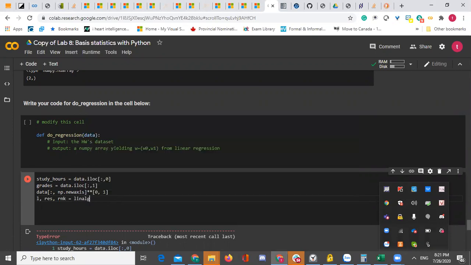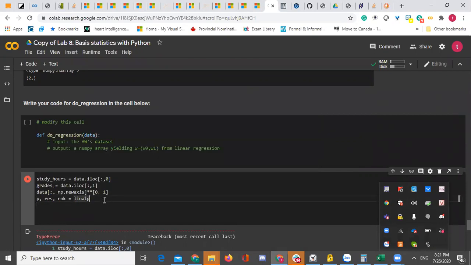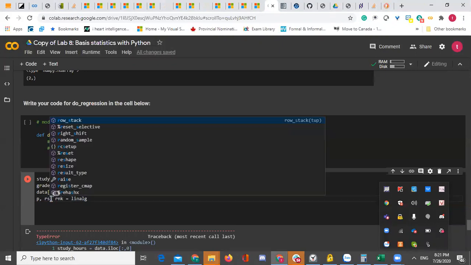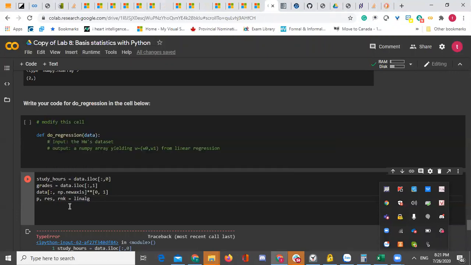What is L? Oh, P is a weight. Okay, and there is a fourth output S after the rank. It's residue, right? No, it is res. Put res back. Yes, after the rank, there is a fourth parameter.